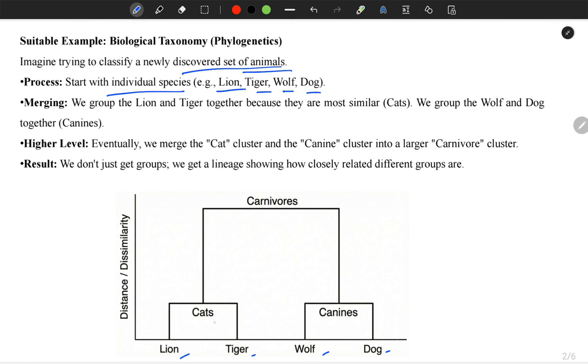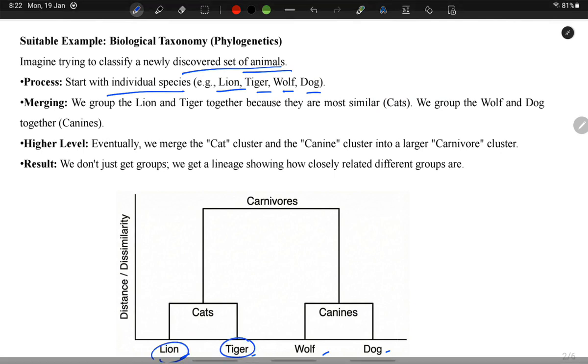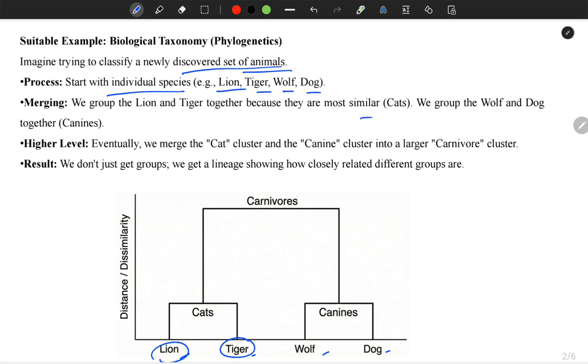Since lion and tiger both belong to the cat family, we group them together. The distance between the lion and tiger is very small, so that is what is measured here, the distance as well as dissimilarity. The lion and tiger are more similar, whereas the lion and the dog are dissimilar, so the distance is more.